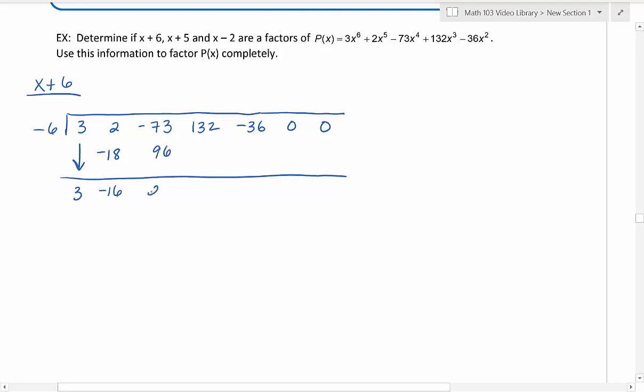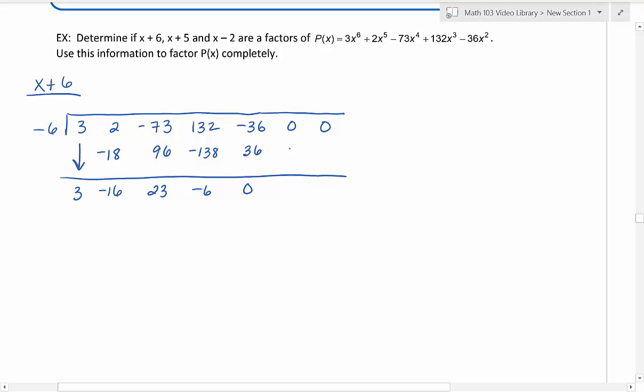Add down, it's 23. 23 times -6 is -138. Add down, get -6. -6 times -6 is +36. Add down, we get 0.